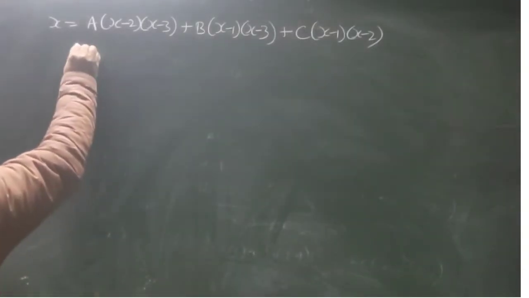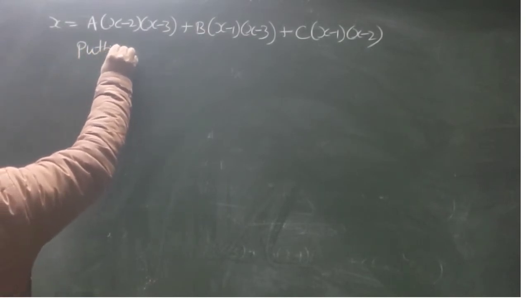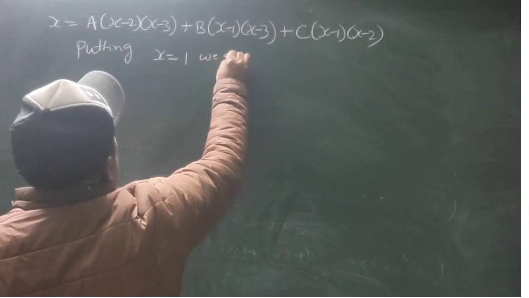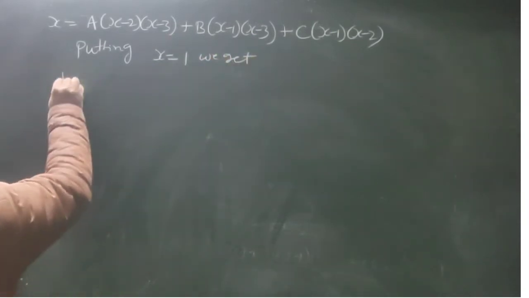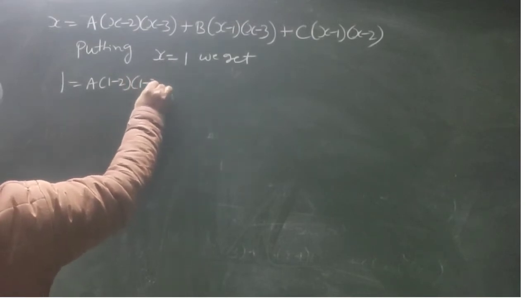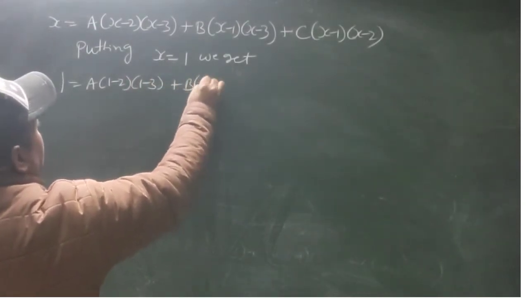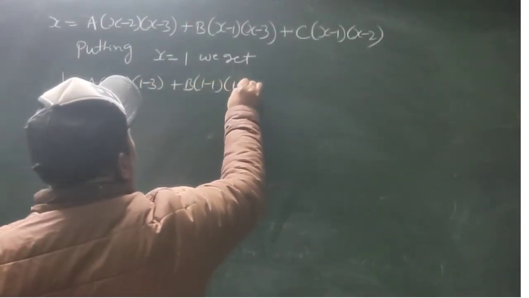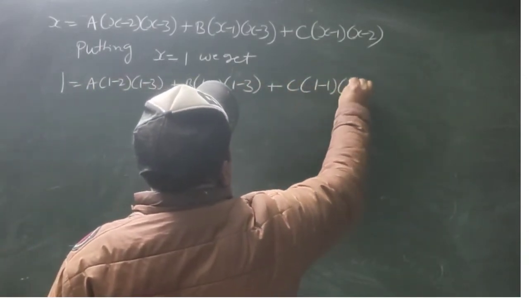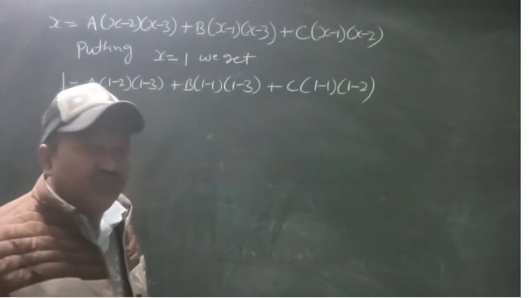Now putting x is equal to 1, we get 1 is equal to A into 1 minus 2, 1 minus 3 plus B into 1 minus 1 into 1 minus 3 plus C into 1 minus 1 and 1 minus 2.